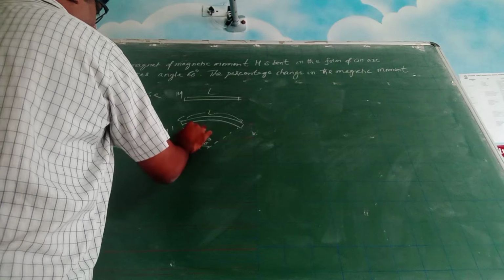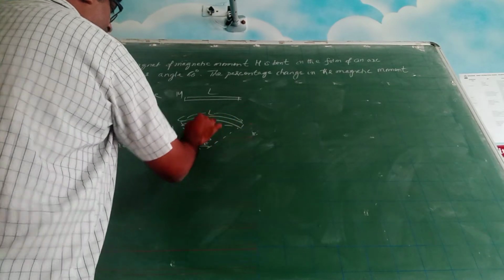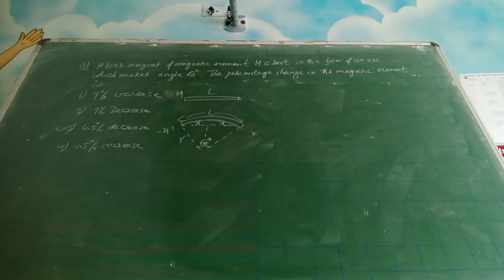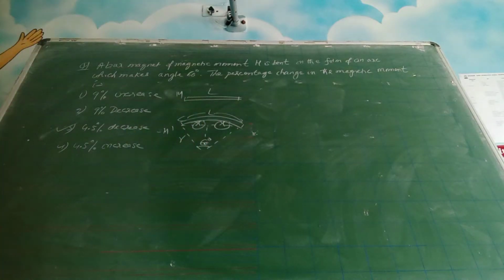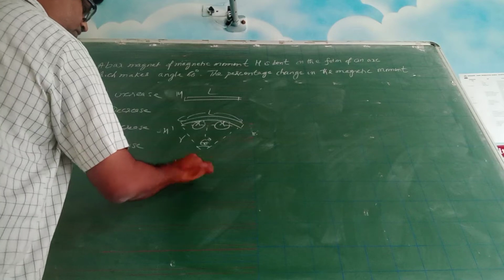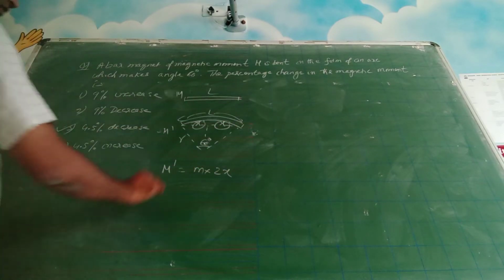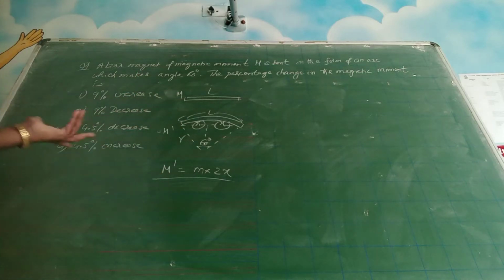So you have to find R and the distances, like I said, this is X and X. So your new m dash will be equal to old pole strength into 2x. Either you remember the formula or you understand the procedure. Just like the derivation, you do it and you solve it.